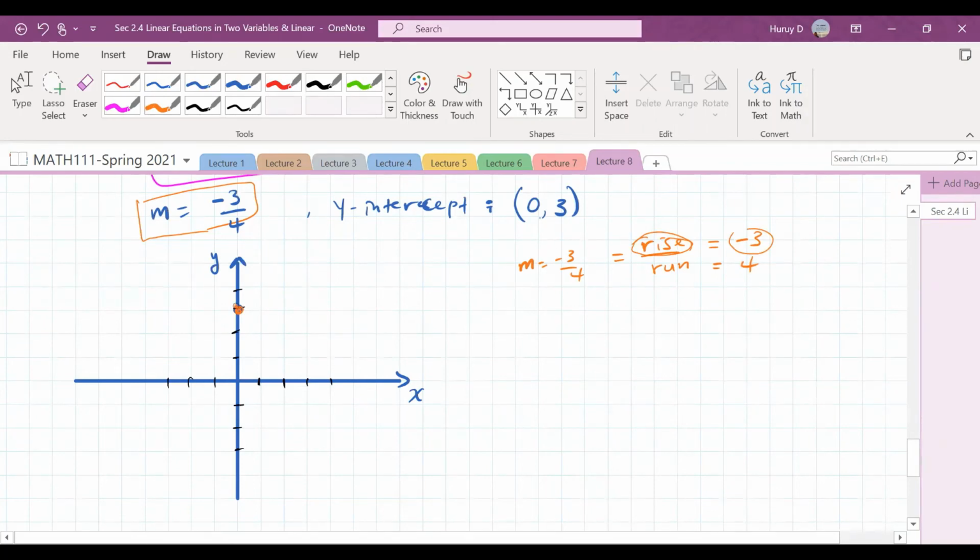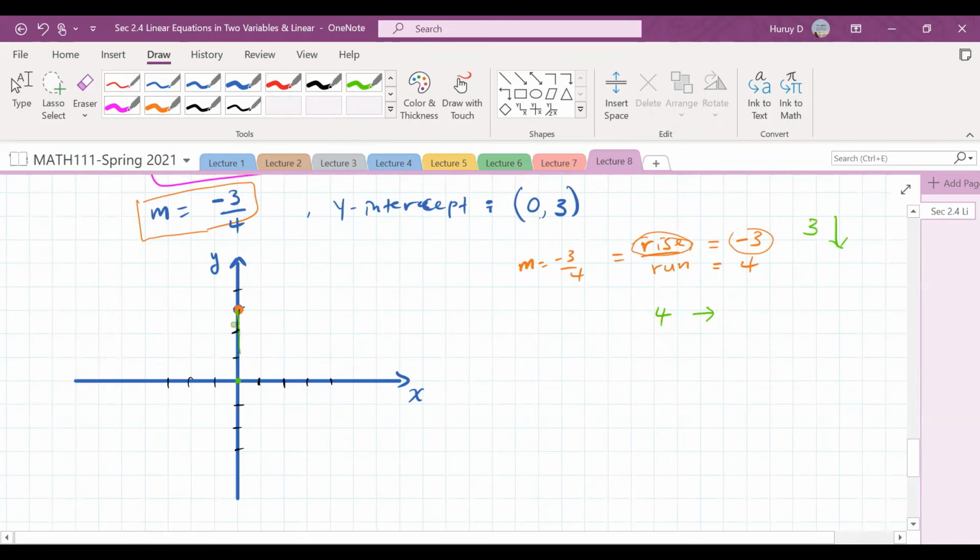So we start from here and let's follow. Let's go downward, because this has a negative sign. So I will go down 3 points: 1, 2, and 3. So we stop here. Then run is 4, which means 4 points to the right.